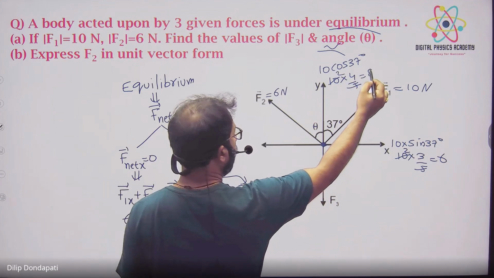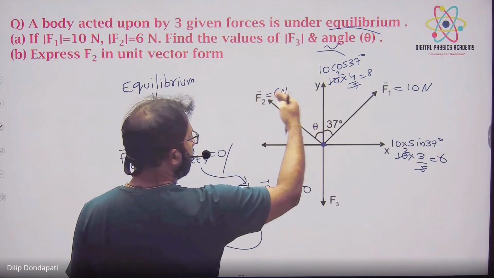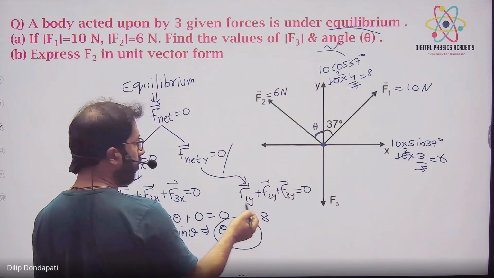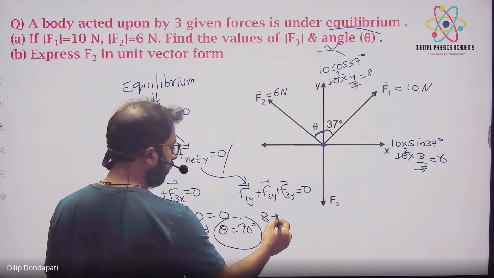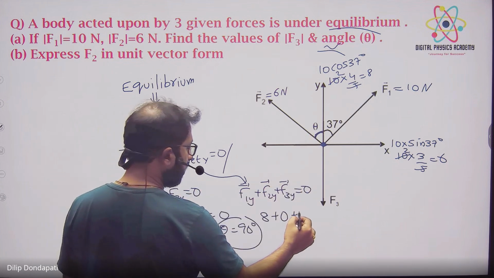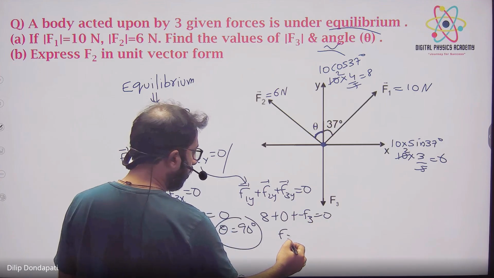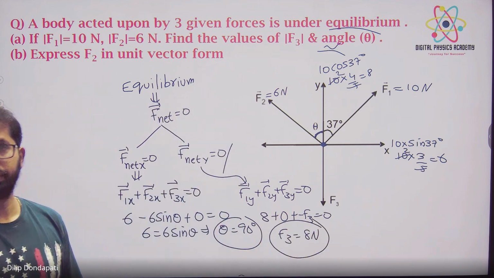Okay, so 8. The y direction of this is 6 cos theta, and theta is 90, so 6 cos 90 is 0. Plus in this direction is F3, minus F3, minus 0. So therefore F3 equals 8 meters, not 16. 8 meters.